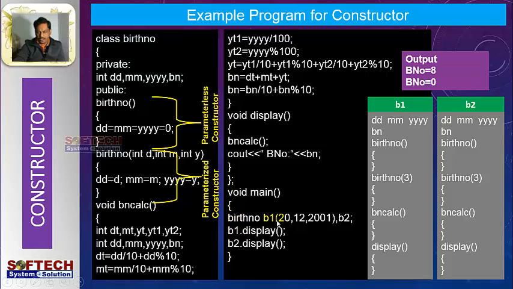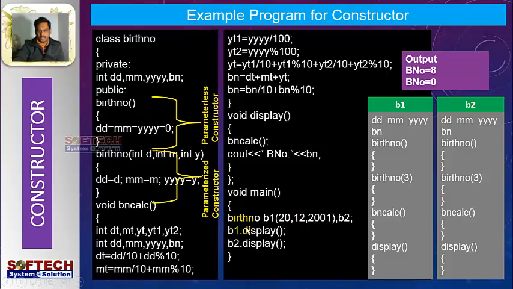At the time of object creation, within the parenthesis of b1 we give 3 values, 2012, 2001, and these are constructor arguments. If we pass values at the time of object creation, those values are constructor arguments.